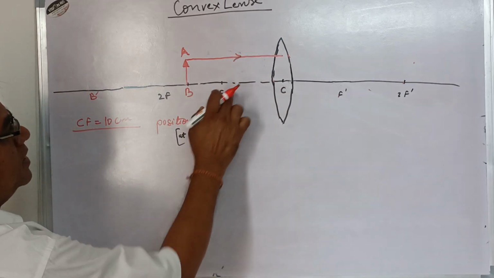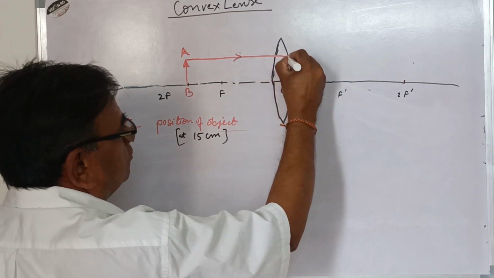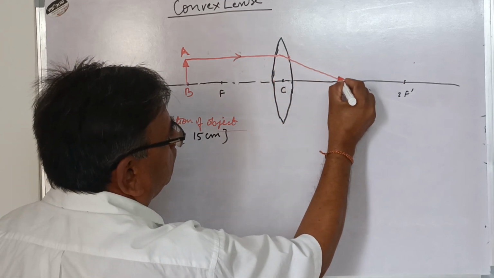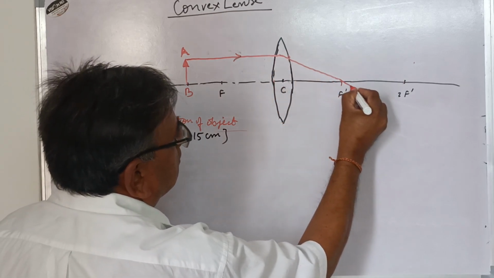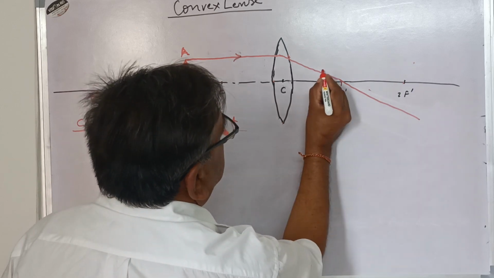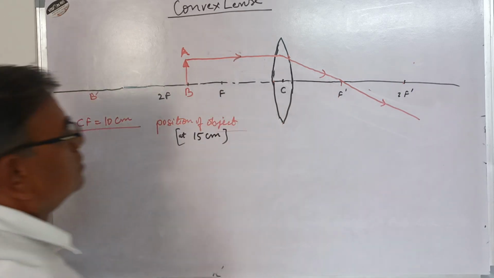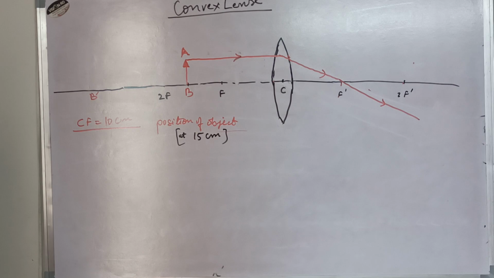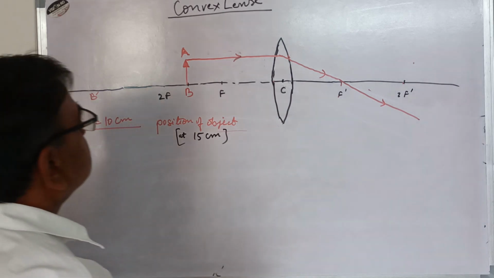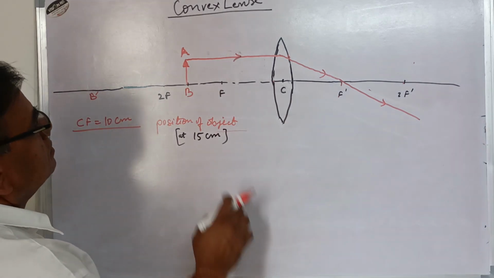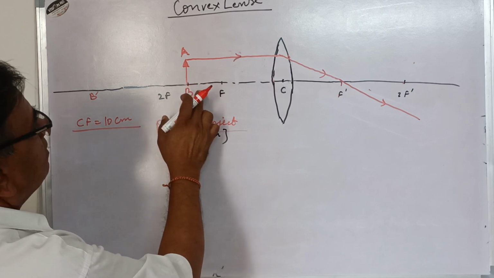The incident ray is parallel to this. This will go from the focus. Now take another ray.